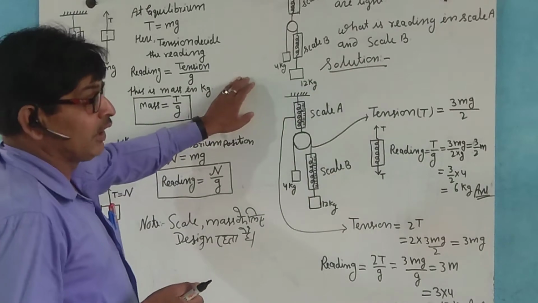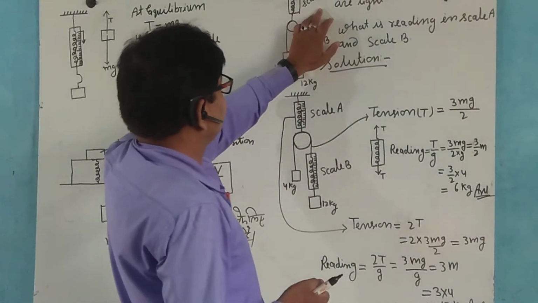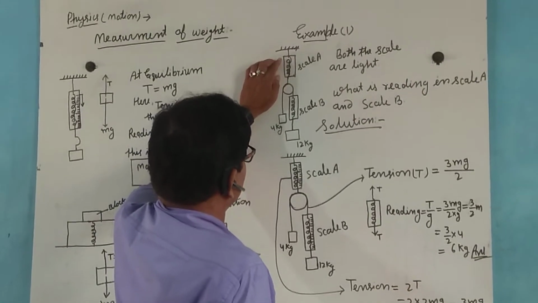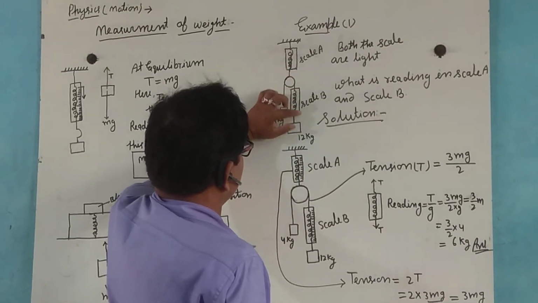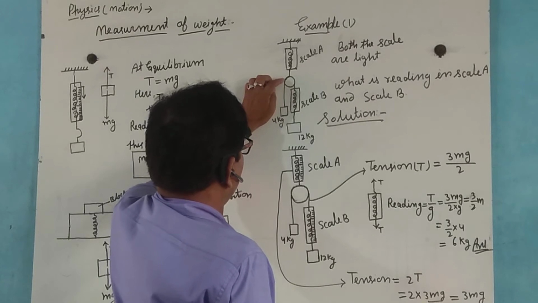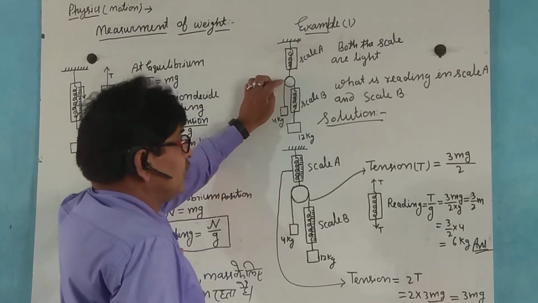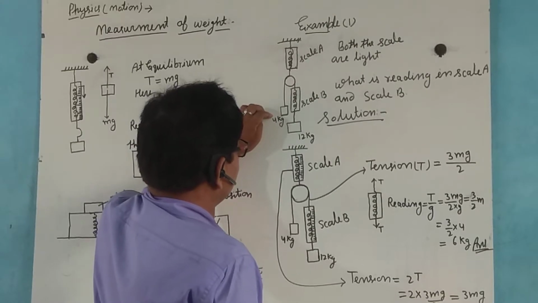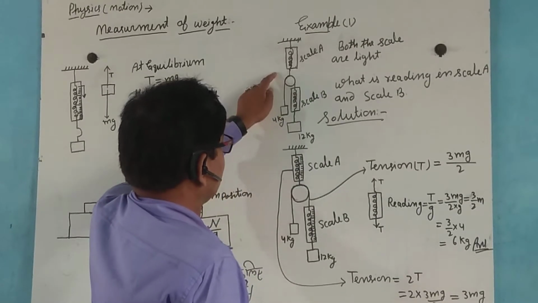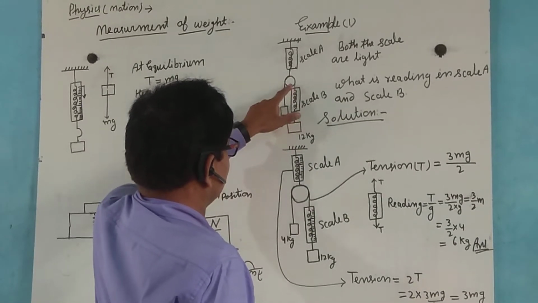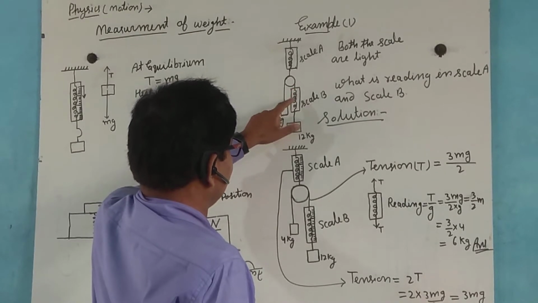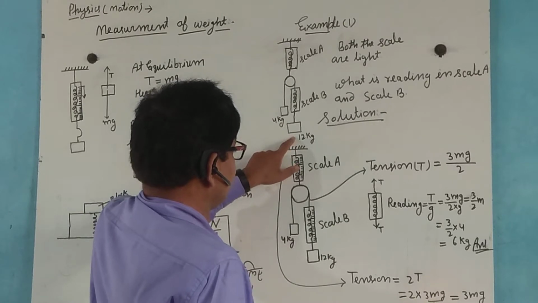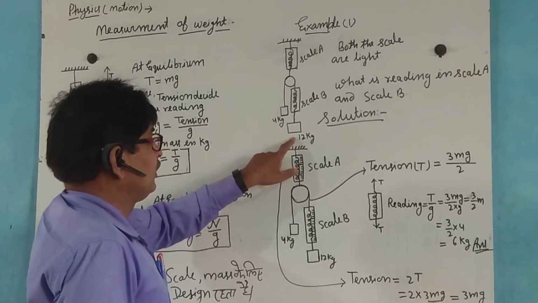Now we take example 1. In this case, this is scale A and this is scale B, and this is a pulley with a string passing through it, attached to the 4 kg mass on one side, and on the other side the string is attached to scale B, which is attached to 12 kg.